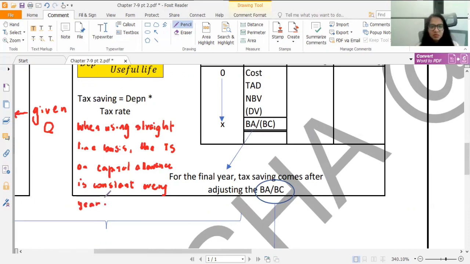So just be a bit careful of that. The reason is that when you calculate straight line depreciation, your yearly depreciation is a constant value. All right, so that is the straight line depreciation methodology.